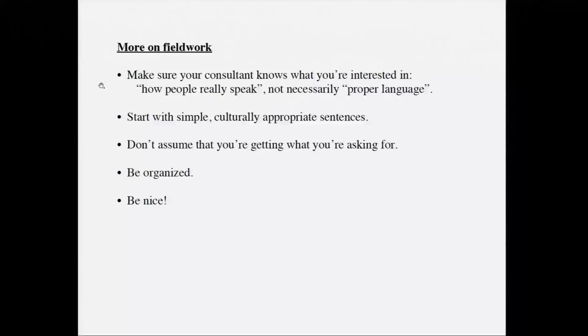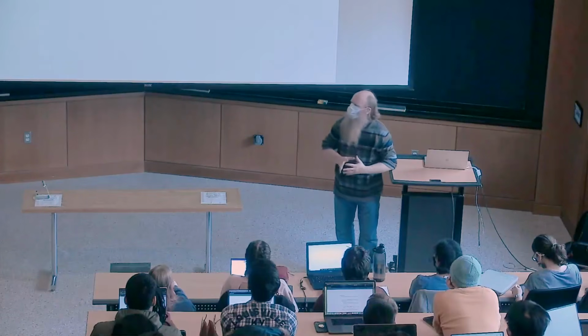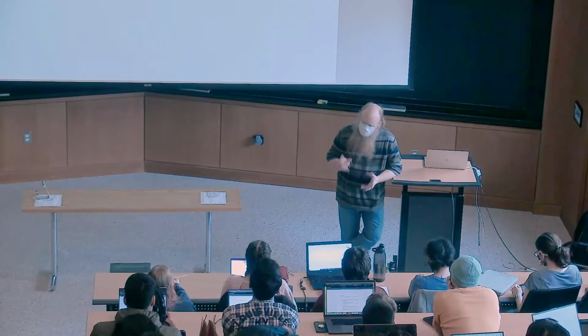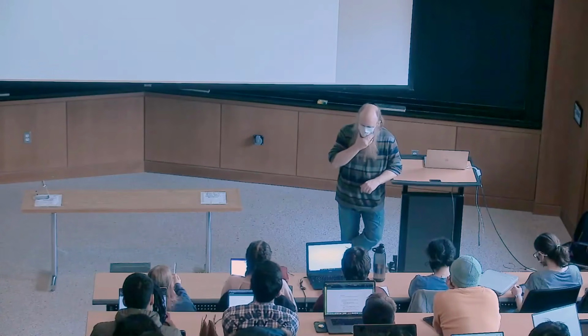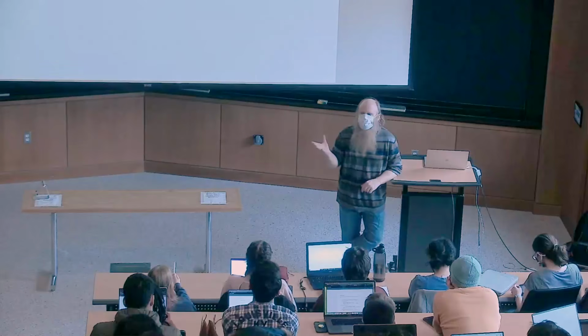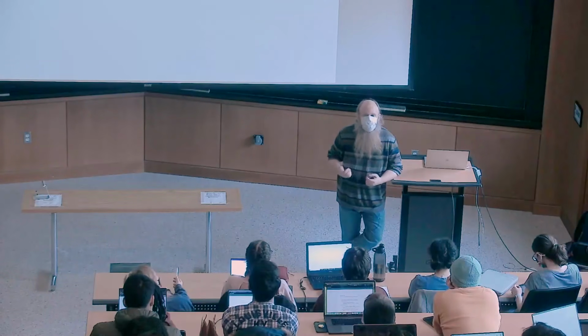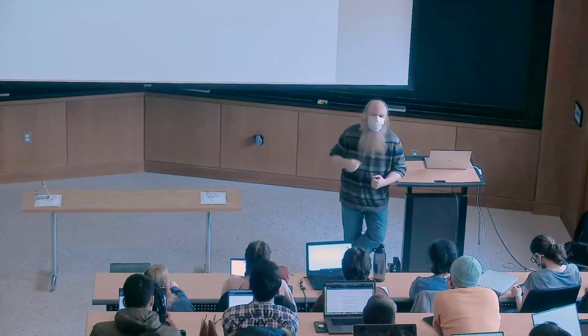It's maybe important to emphasize that, not just because these people aren't being paid, but also because this is something I teach a field methods class for graduate students. And this kind of work, where you're working with a human being, is pretty different from a lot of the kinds of scientific work that you do, and even a lot of the kinds of scientific work that linguists do. Often, when we're gathering data about a language, we're doing it by reading a grammar, right?